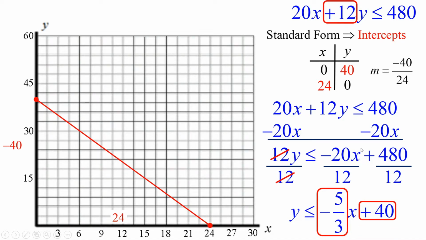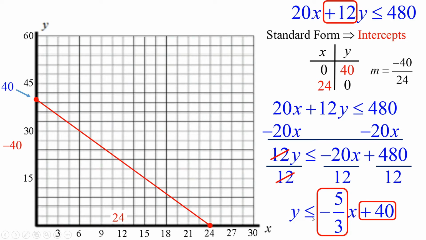Well, look at the graph. Look at your y-intercept. That's 40. So that all checks too. So we just converted 20x plus 12y is less than or equal to 480, standard form, to slope intercept form. And the reason I really like slope intercept form right here is this. Y is less than or equal to the negative 5/3 x plus 40.